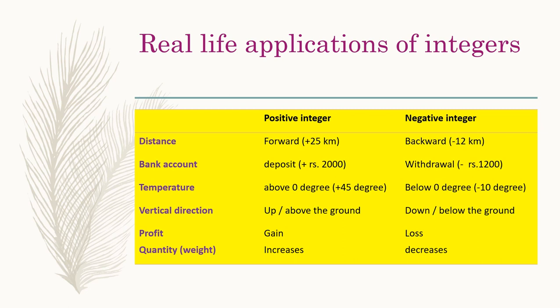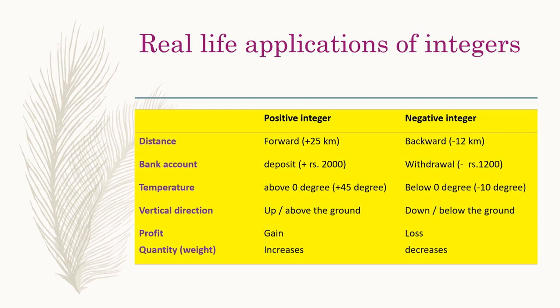But if we measure distance in backward direction, then we use a negative integer. For example, if we measure a distance of 25 km in forward direction from the starting point, then we write it as plus 25 km. But if we measure a distance of 12 km in the backward direction from the starting point, then we write minus 12 kilometer.